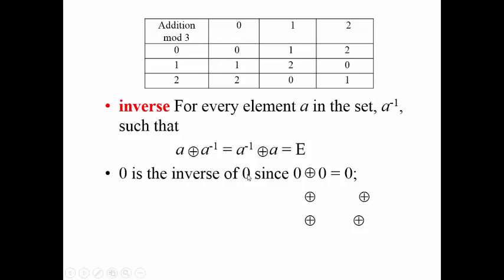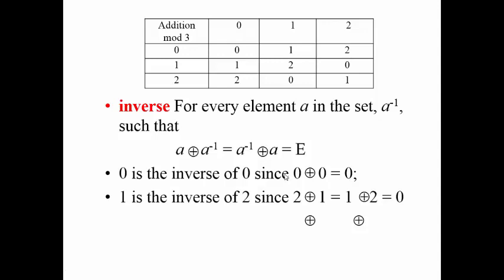So the inverse of 0 is 0 because 0 operation 0 gives back itself. 1 is the inverse of 2, since 2 times what is going to give me 0? Well, 2 times what is, here's my 0, so it's 2 times 1 equals 0. So 1 is the inverse of 2, because 2 times 1 equals 0. 1 times 2 is also equal to 0. So we have 2 having as its inverse 1.